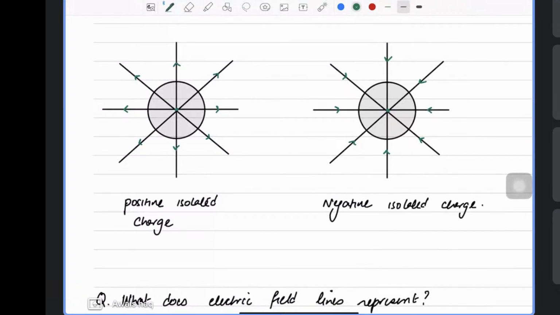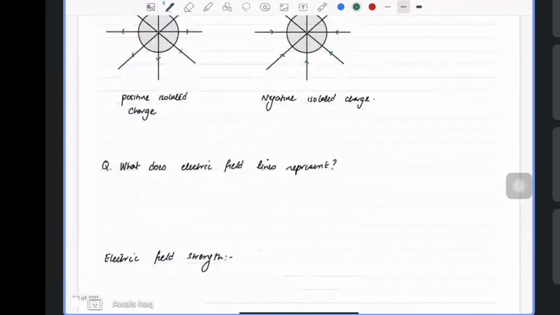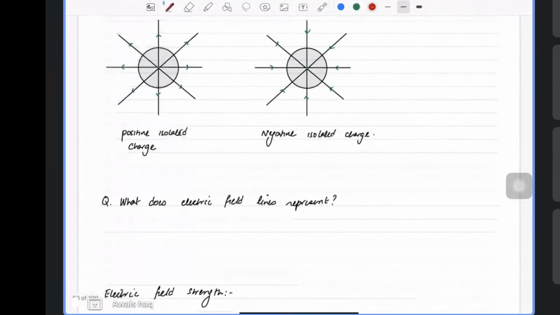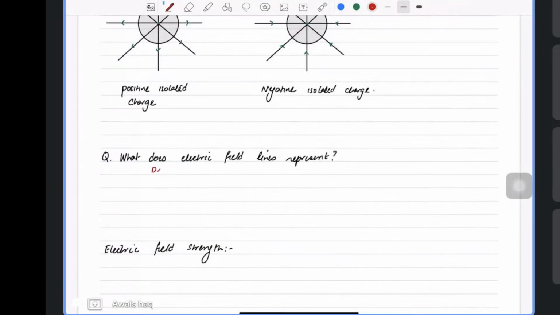So the question is, what do the field lines really represent? And why are they always going out from the positive and in from the negative? The reason for this is that these depict the direction of force on a stationary, you can also write isolated, positive unit charge.